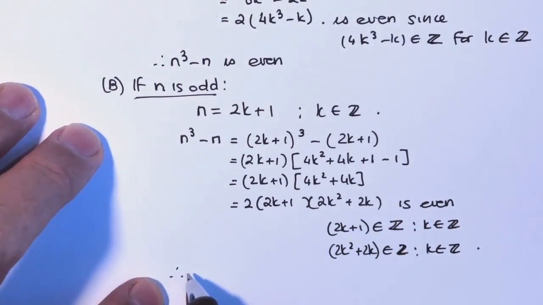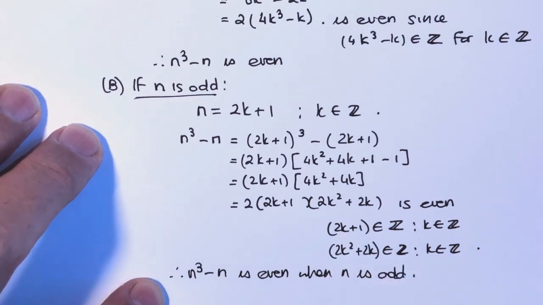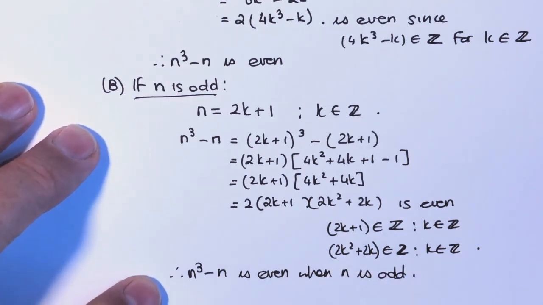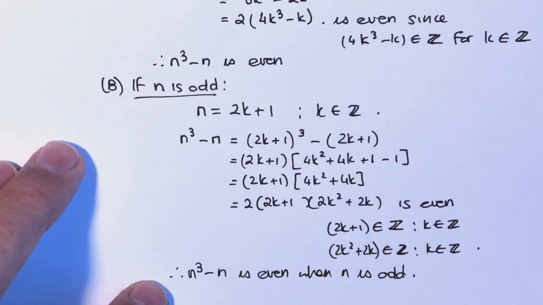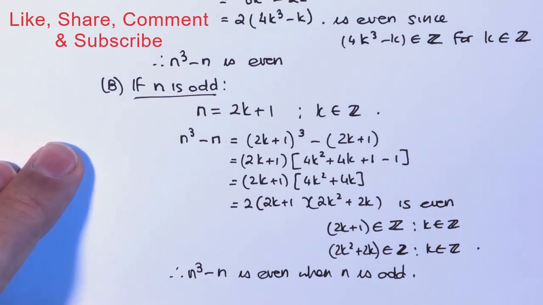So therefore, n cubed minus n is even when n is odd. So is the statement true? Indeed. We've just shown that n cubed minus n will always be even for any integer value of n, whether it's even or odd.